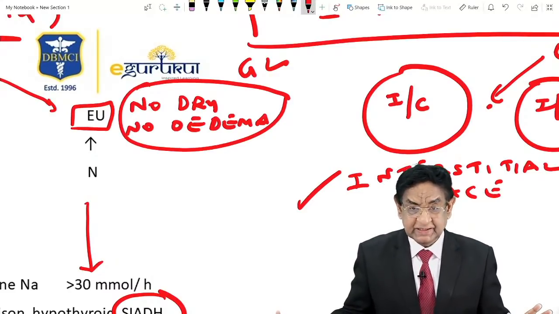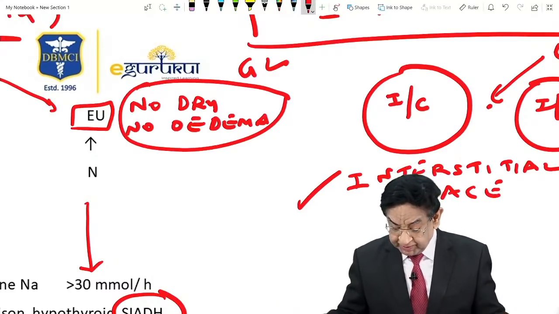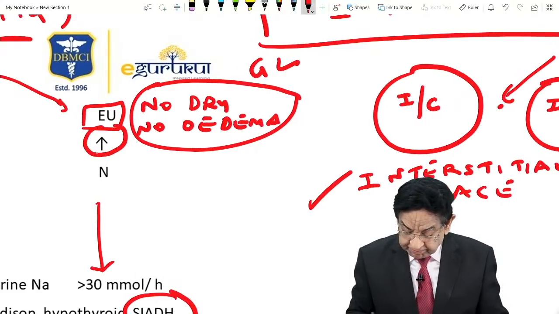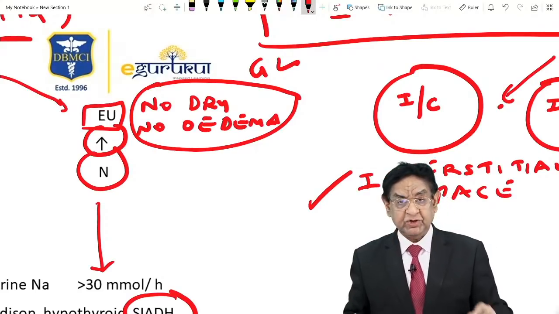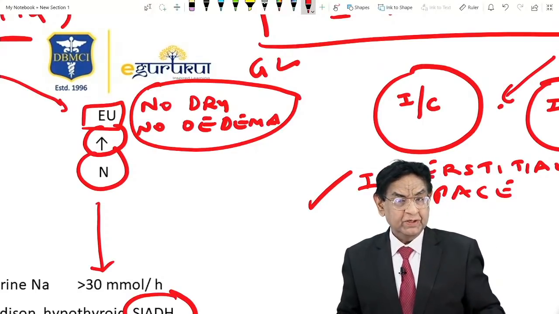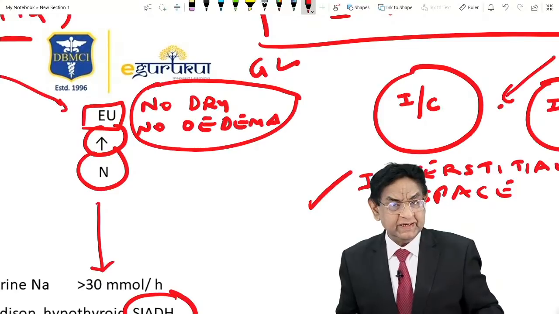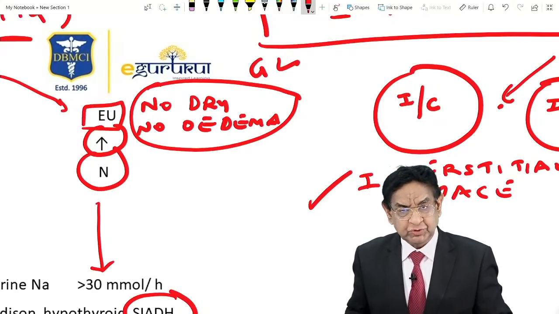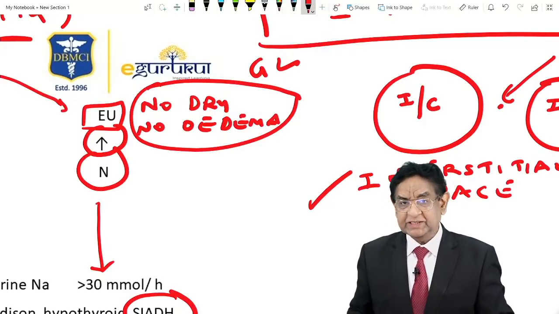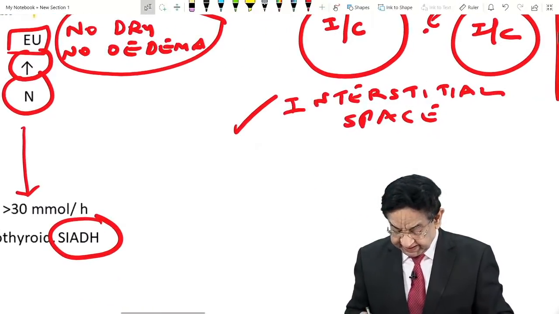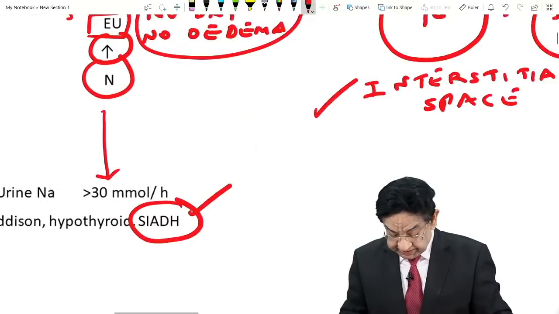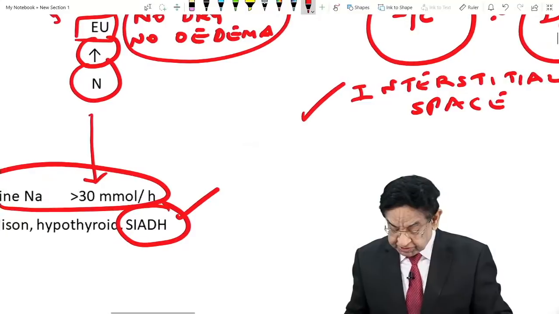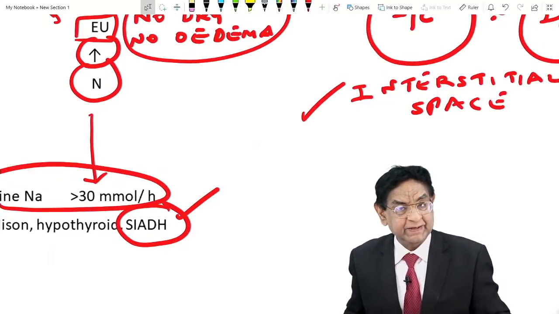So let's learn how. In euvolemia, the total body water is slightly increased, but total body sodium is normal. Point to be noted. Total body water is slightly on the higher side, but total body sodium is normal, and that is the so-called SIADH. In this, if you check urine sodium, it will be more than 30 millimole per liter.